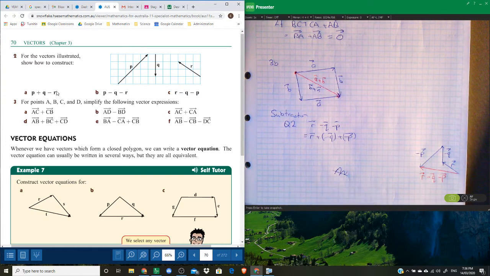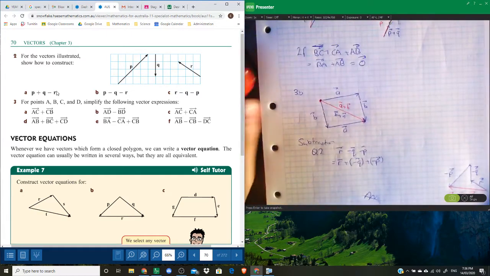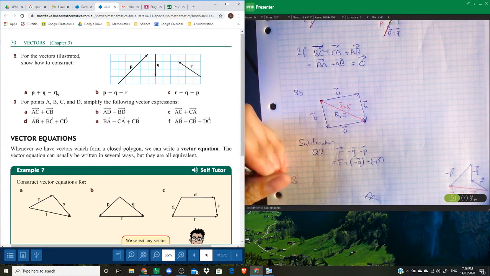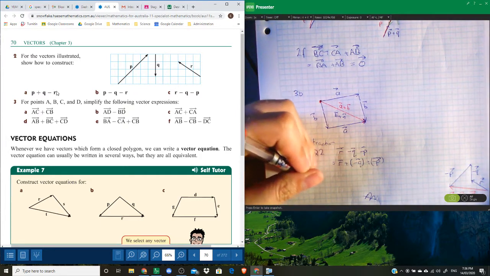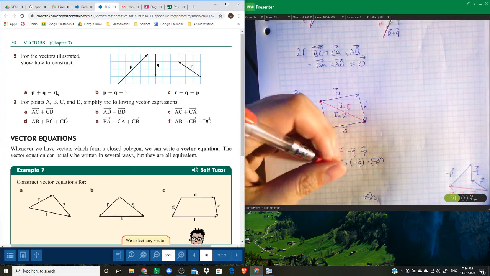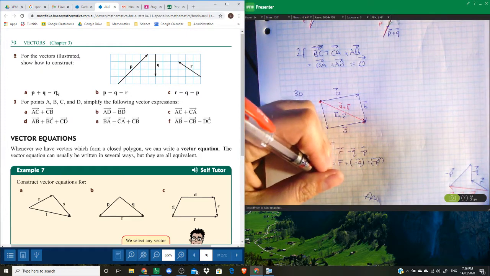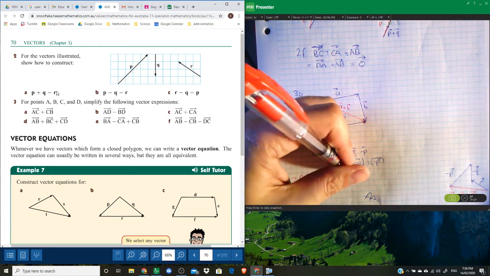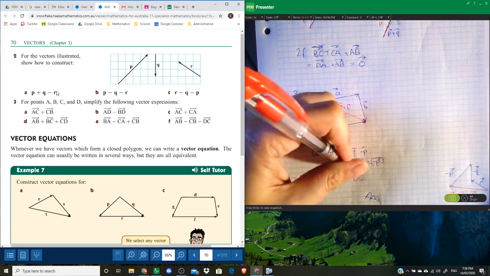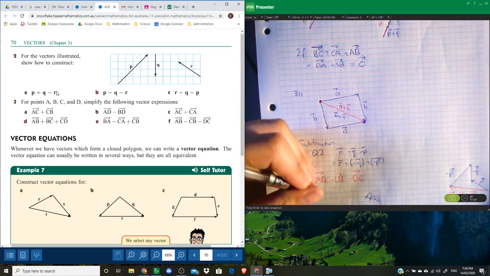Okay, I will also do one of these ones. I might take 3F. Okay, so the way to go about doing these ones, just remember, if you've got subtraction, you're changing the direction, which means if you have coordinate points like this, DC, you can just swap them around and just make an addition.